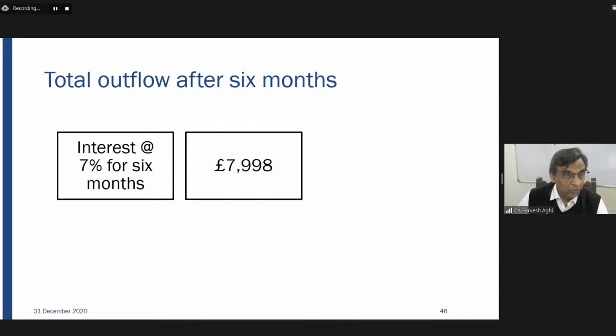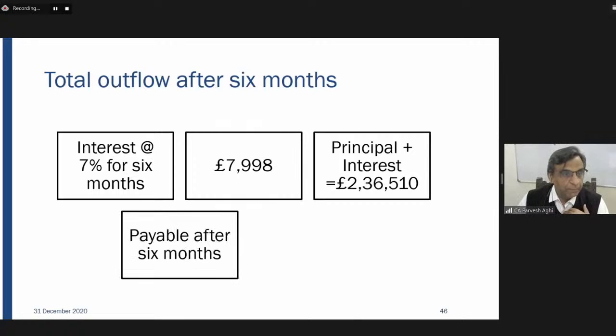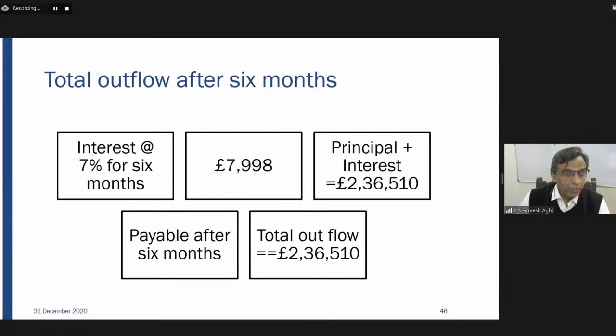Simple calculations, you can do it on a calculator. So the principal plus interest, the total outflow, is 2,36,510. So this is payable after 6 months.